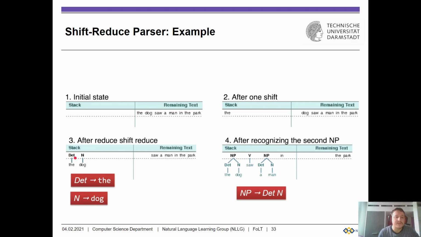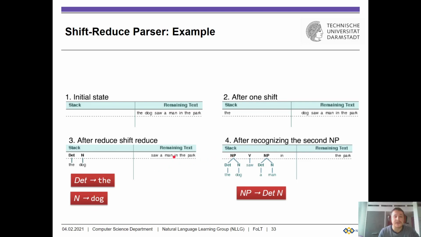So then we have determiner noun on the stack, and we have the remaining text in the input data structure. So now what we're gonna see is the dog matches the right hand side of a production rule, namely noun phrase expands to determiner noun. So we're gonna reduce this to noun phrase. So noun phrase will be left on the stack.